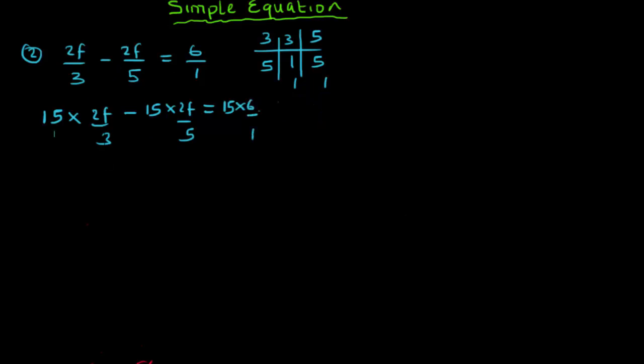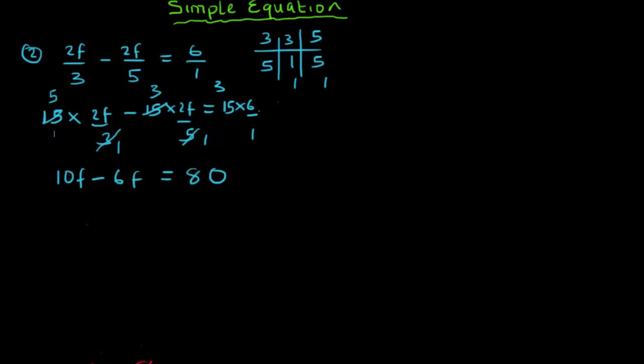Now watch this: 15 times 2f over 3 minus 15 times 2f over 5 equals 15 times 6 over 1. So 3 here 1, 3 here 5. 5 times 2f is 10f. 5 here 1, 5 here 3. Minus 3 times 2f is minus 6f, equals 15 times 6, which is 90.